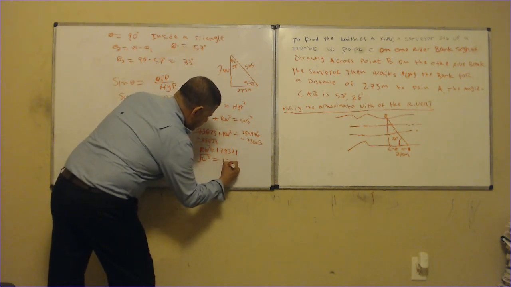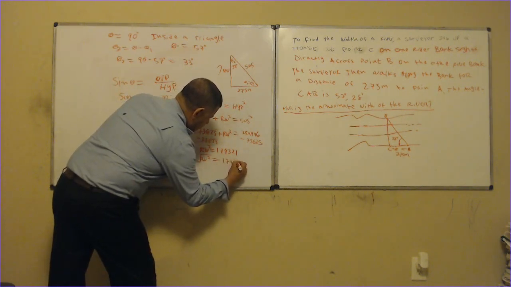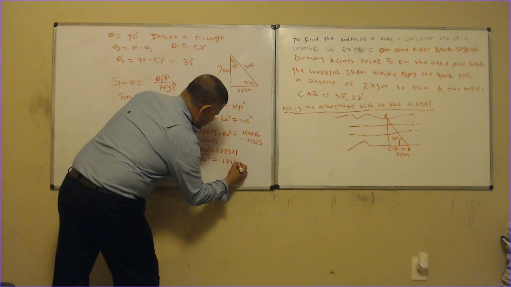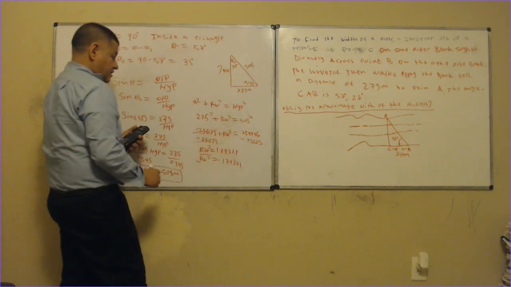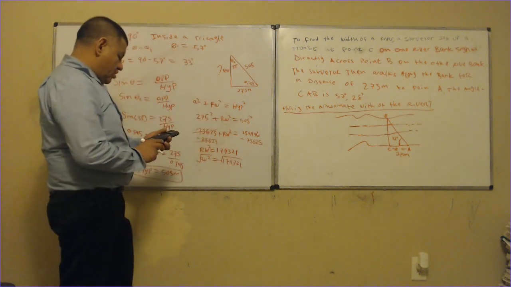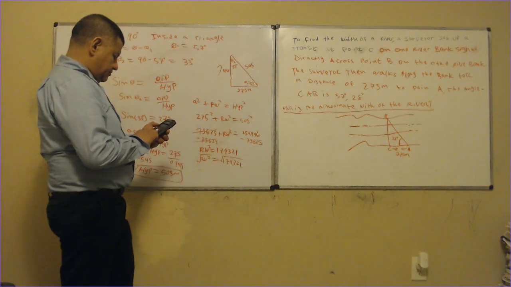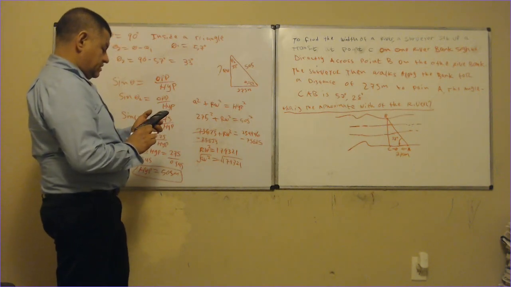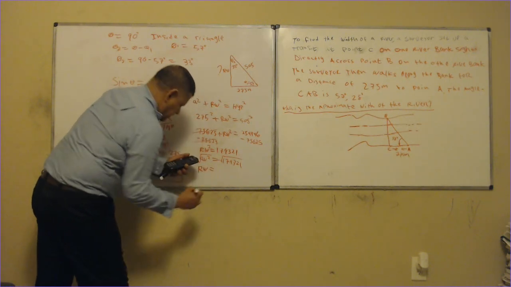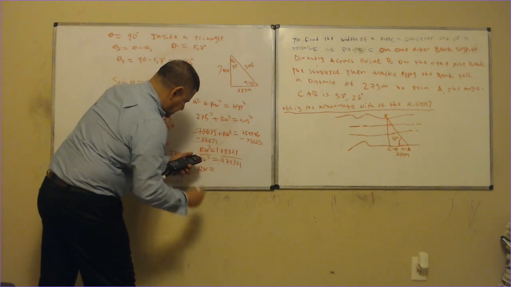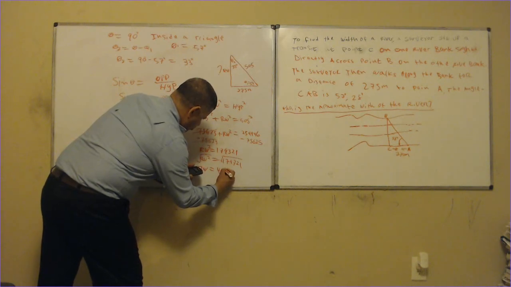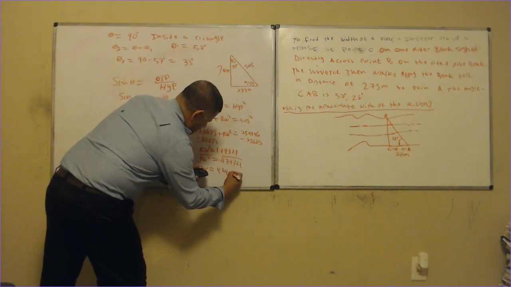So we take the square root of 179321, and when we do that, I got r, the width, is equal to approximately 424 meters.